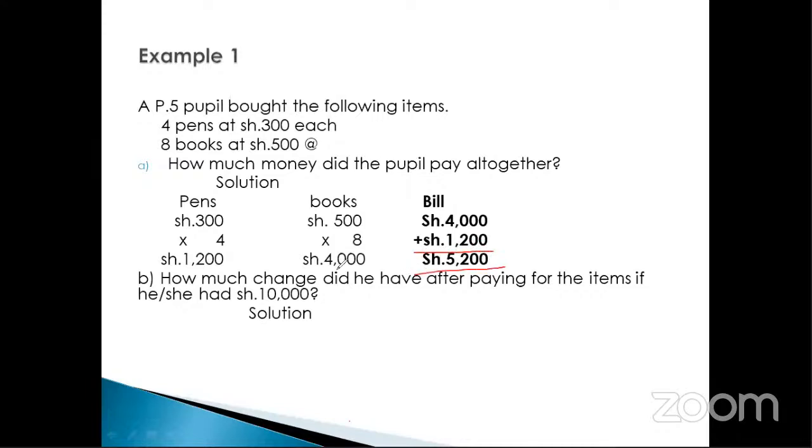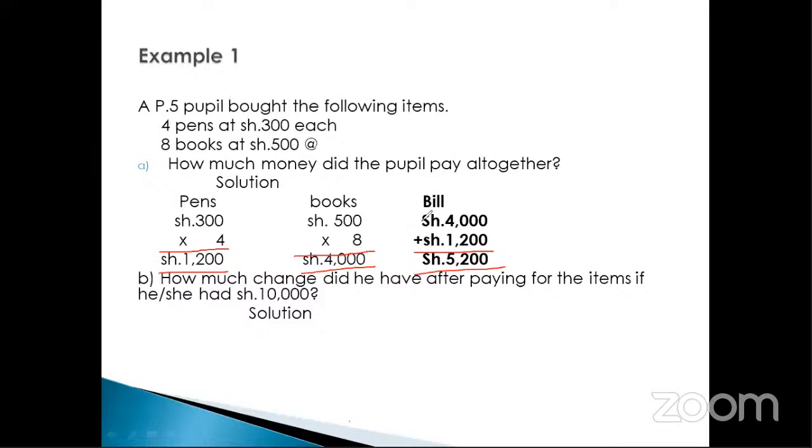This is 4,000 you have got on 8 books. This is 1,200 you have got on 4 pens. So altogether you have spent 5,200 shillings. Now here they're asking, how much change did he have after paying for the items if she had 10,000 shillings? So how do we now get the change? This is the question for us.